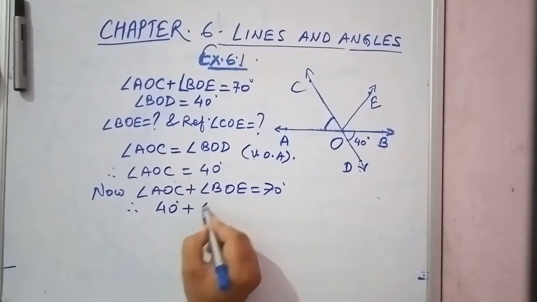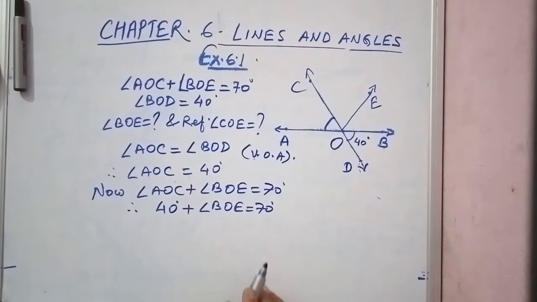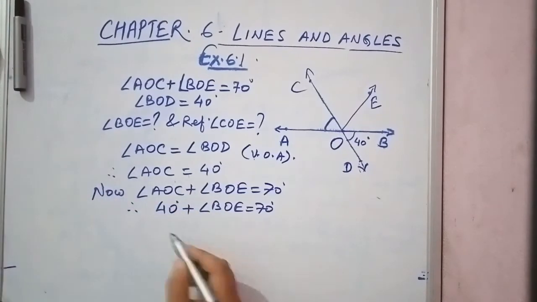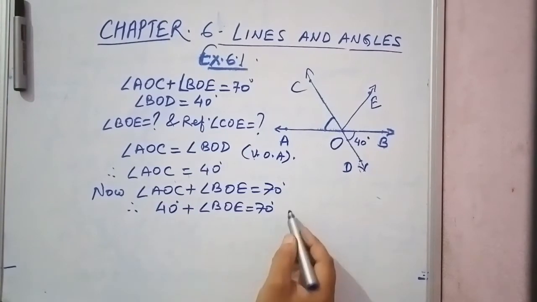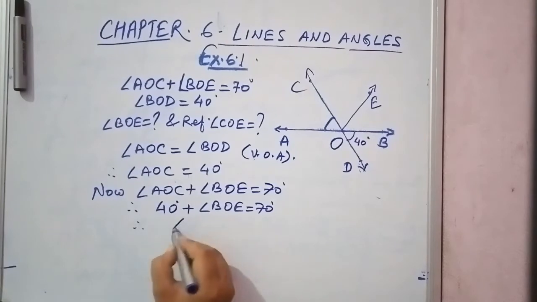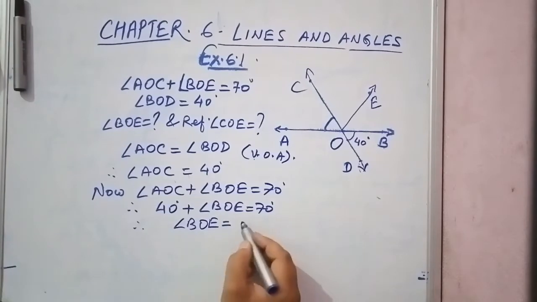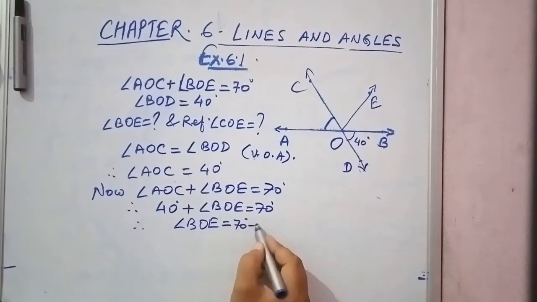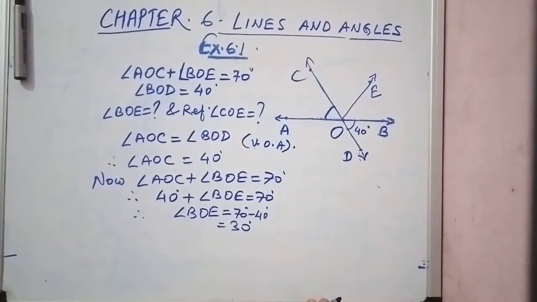So 40 degrees plus angle BOE equals 70 degrees. By transposing positive 40 to the right hand side, I get negative 40, and 70 minus 40 is 30 degrees. Therefore angle BOE is 30 degrees.